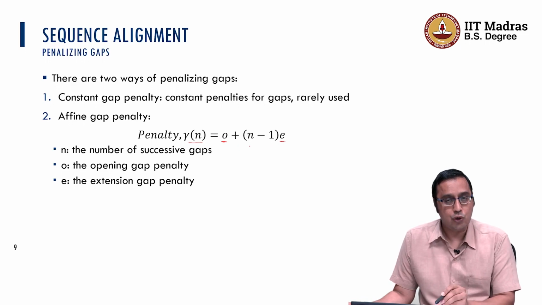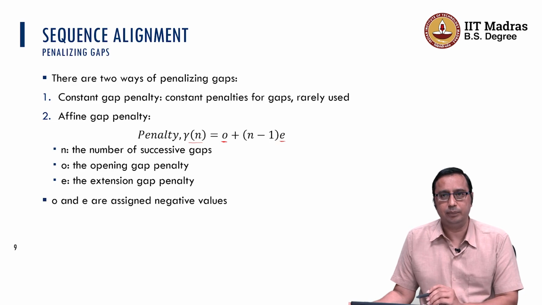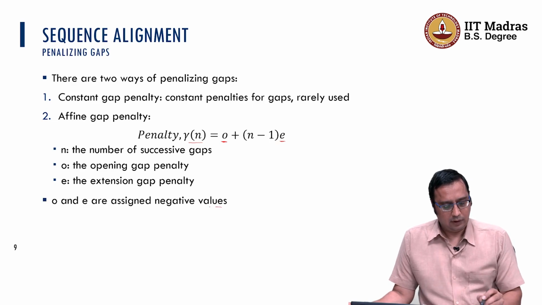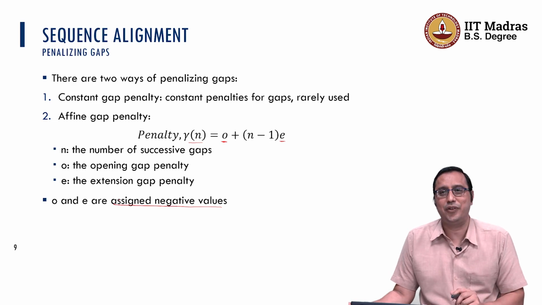And then the total score for affine gap penalty is O plus n minus 1 into E. And of course, remember that this is a penalty, so we assign negative values rather than positive values.